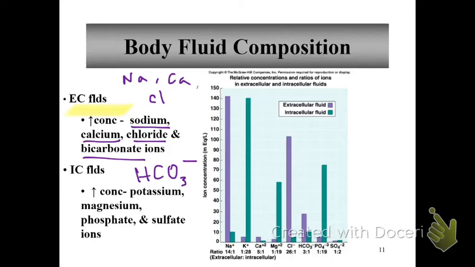You want to know that one. That's actually another question besides the one about extracellular fluid: what is the symbol or the molecular formula for bicarbonate? Make sure you got that written down. You've got to get the 3 and the negative sign on that one.